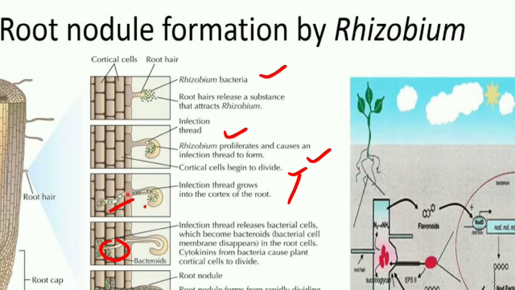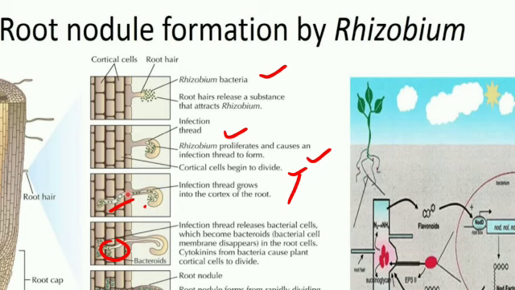And when the infection thread releases bacterial cells, they become bacteroids. That means they multiply. Bacteroids means what? A group of bacteria. The bacterial cell membrane disappears at the same time in the root cells. Then due to the cytokinin from the bacteria, the plant cortical cells are caused to divide.